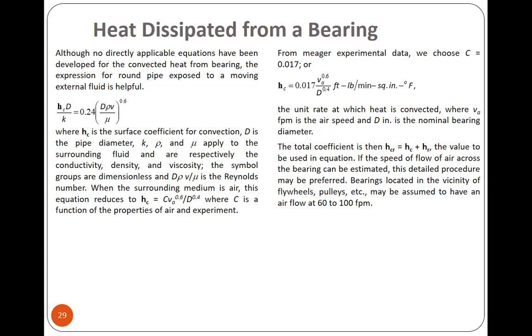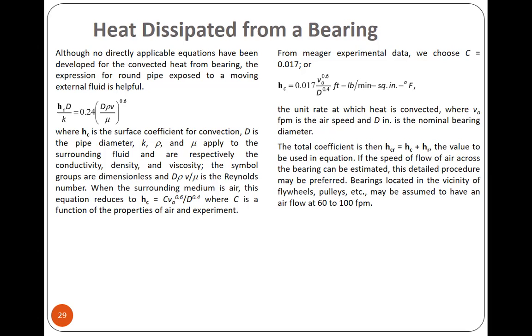Now, the unit rate at which heat is convected, where V sub A is feet per minute is the air speed, and D is the normal bearing diameter. Now, the total coefficient is then HCR is equal to HC plus HR. The value to be used in equation.